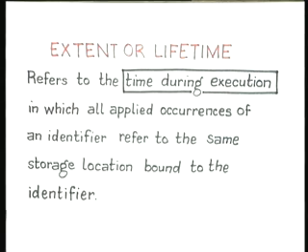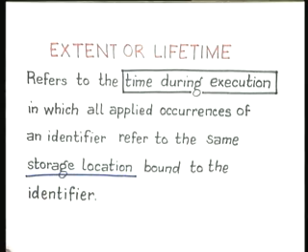So, when we are talking about an extent or a lifetime, it really refers to the time during execution in which all applied occurrences of an identifier refer to the same storage location that is bound to the identifier. And in different lifetimes you have different storage locations, at least theoretically. It's as if I had disposable memory: as soon as I have used it once, I just throw it away and get new memory.